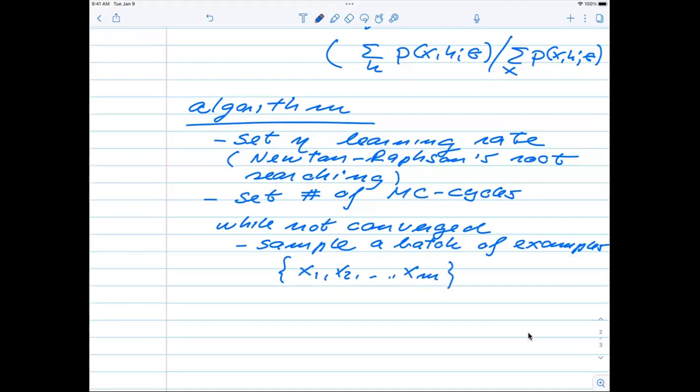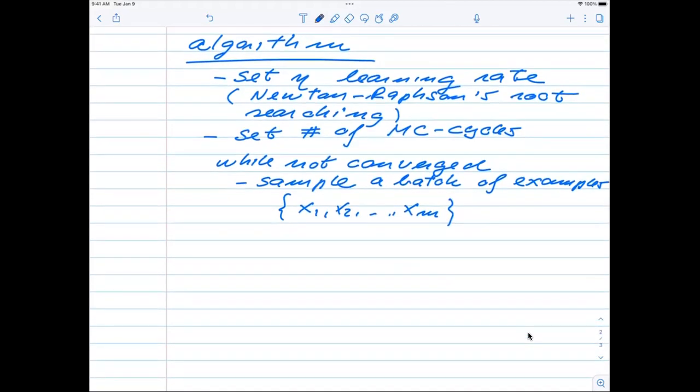And then what we would do next is calculate the gradient. So compute the gradient, which in our case is going to be the derivative with respect to this parameter theta.